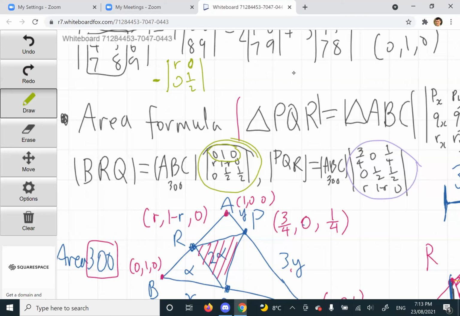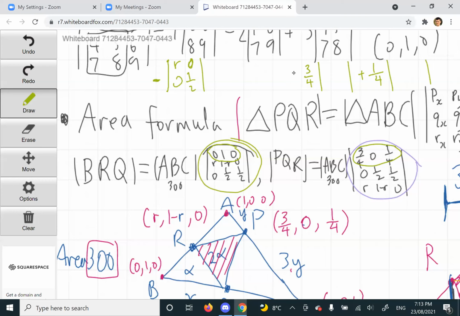Okay. And this thing here, we pick the top row again. And we get 3/4 outside of something minus 0, which we just ignore, plus a quarter outside of something.